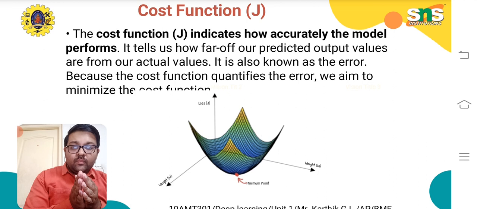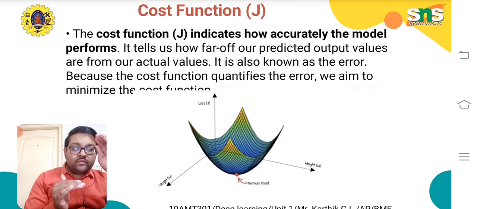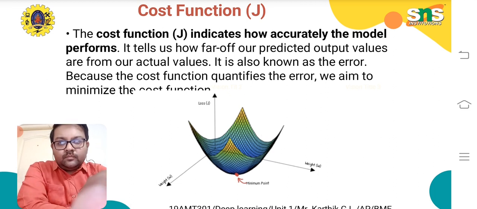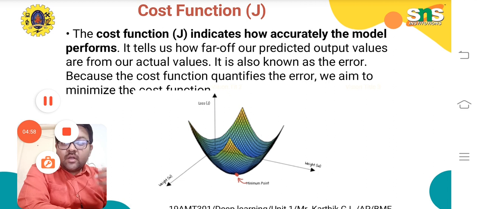If this bell curve is the other way around, the peak of the bell curve is a high cost function, so we need a bell curve like this to have the minimal cost function. So this is the cost function, or the error.